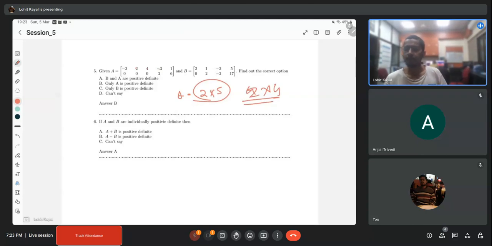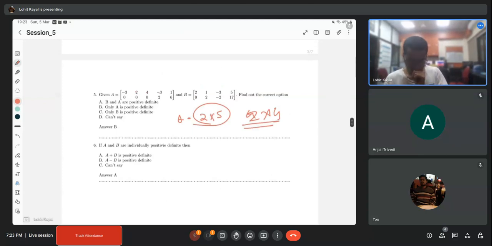So these two are rectangular matrices. How do we find if these matrices are positive definite or not? You cannot calculate the eigenvalues, because we know the mechanism of calculating eigenvalues for a square matrix only.